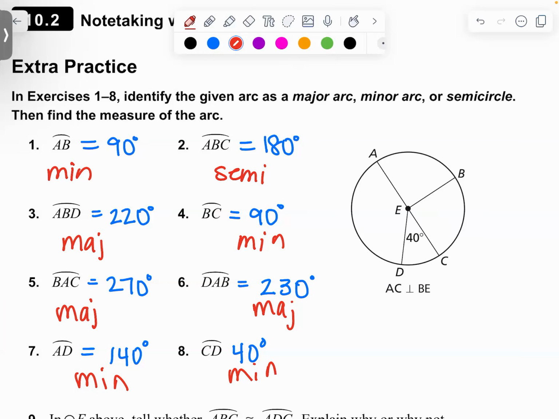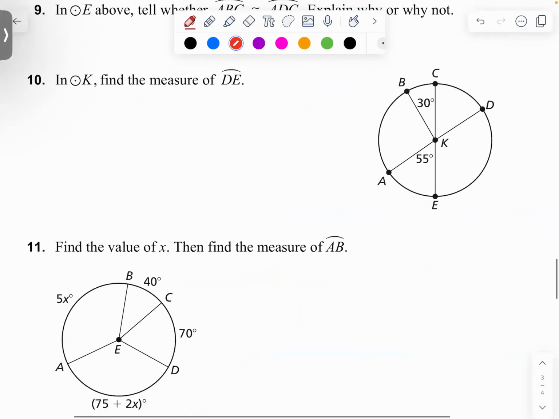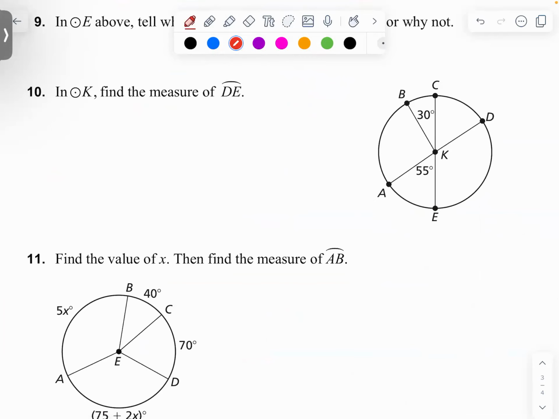Let's work together to figure out in number 10 what the measure of DE would be. What might we need to figure out before we can figure out DE? Do we have any diameters? AD is a diameter.